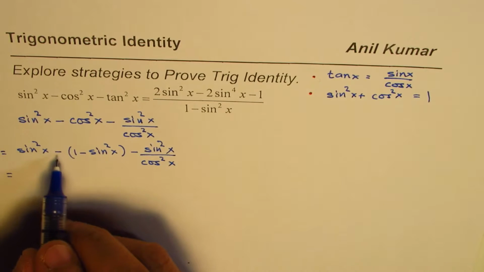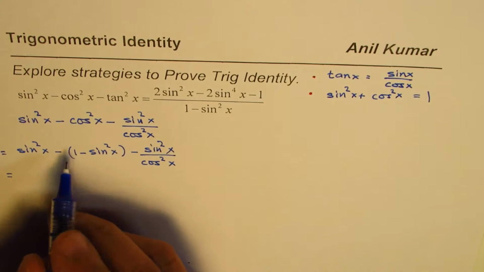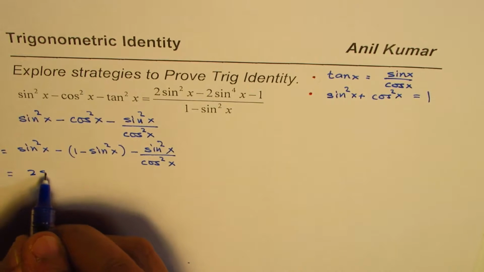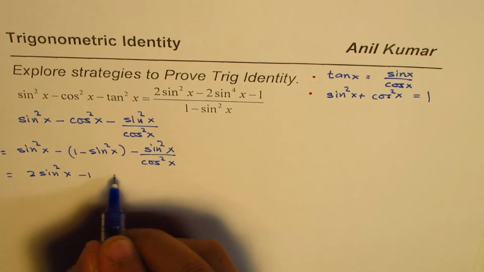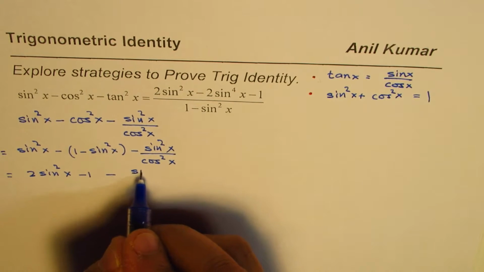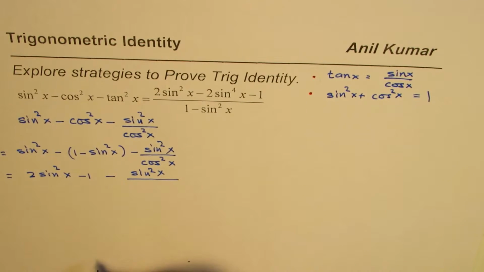Now sine square x minus 1 minus sine square x, that means we get 2 sine square x minus 1 minus sine square x divided by cos square x.